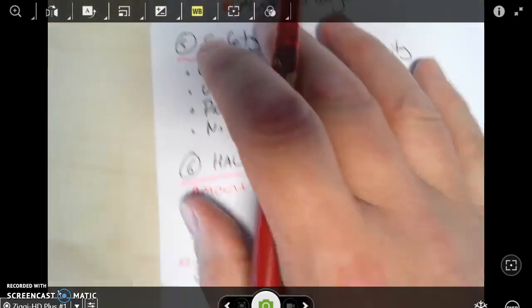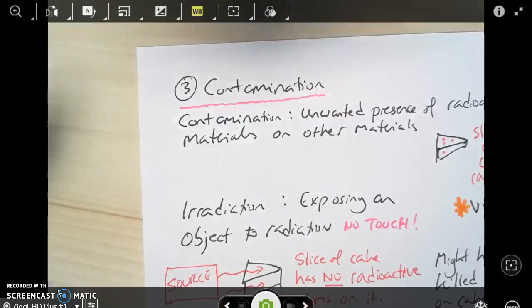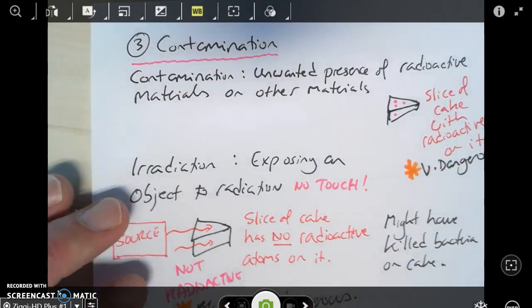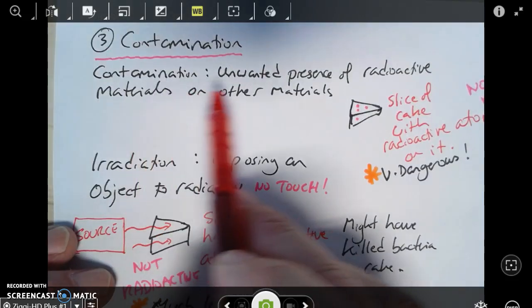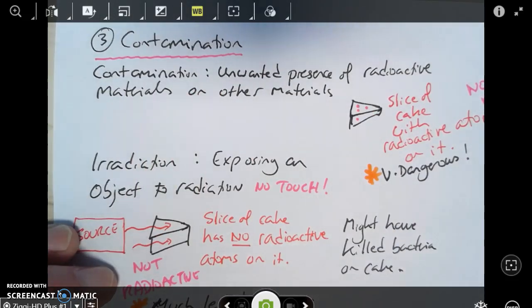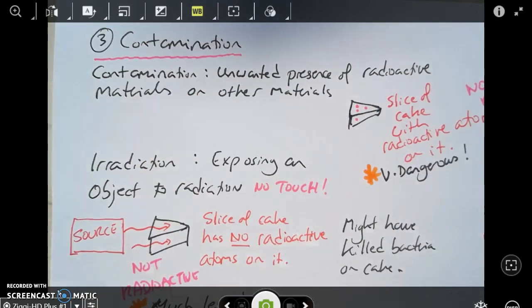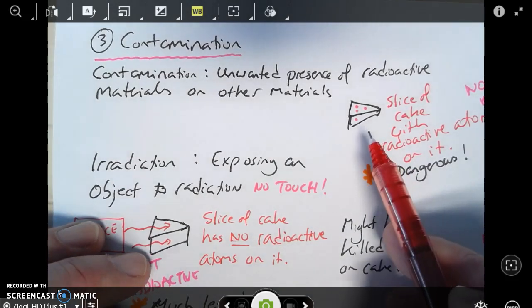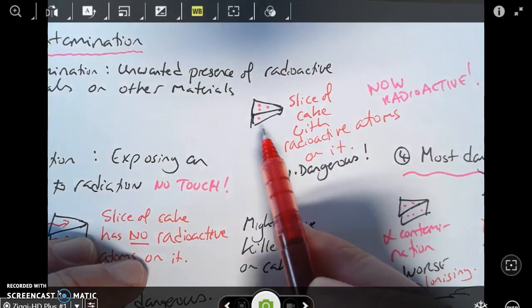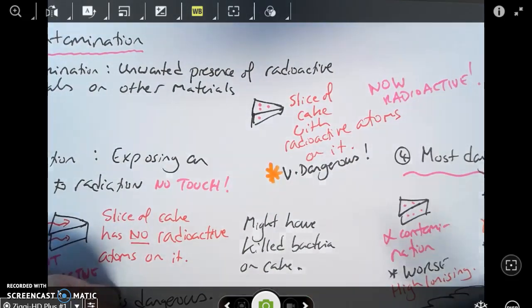Okay, whilst we're talking about dangers, we need to know about contamination. So radioactive contamination means the unwanted presence of radioactive materials on other materials. For example, a slice of cake. So here we've got a slice of cake, brilliantly drawn by me, and you can see the little pink spots. That is radioactive material.